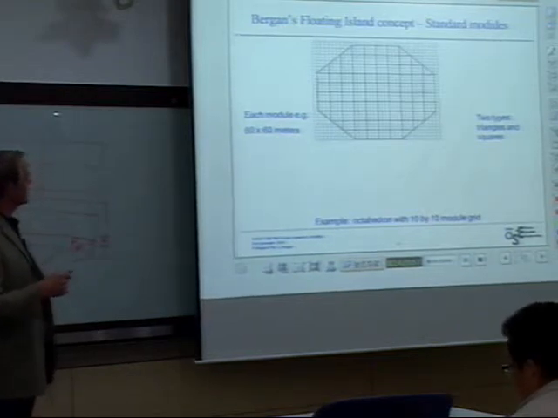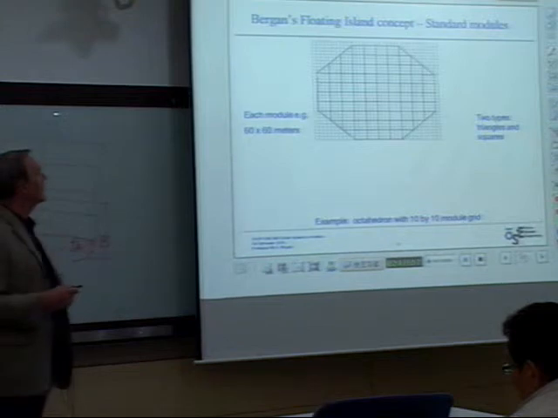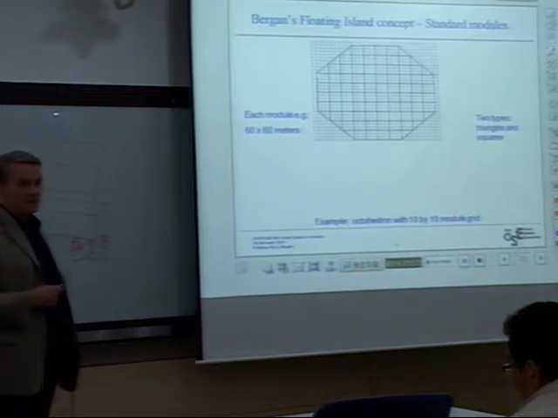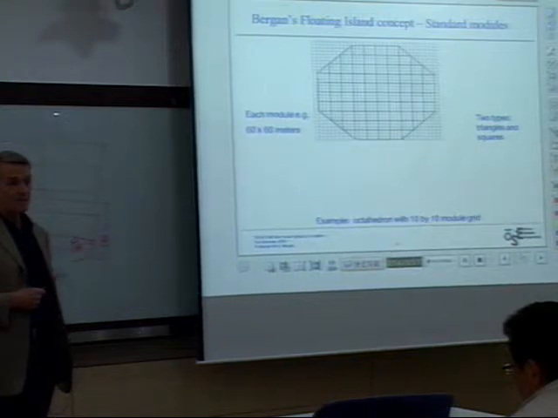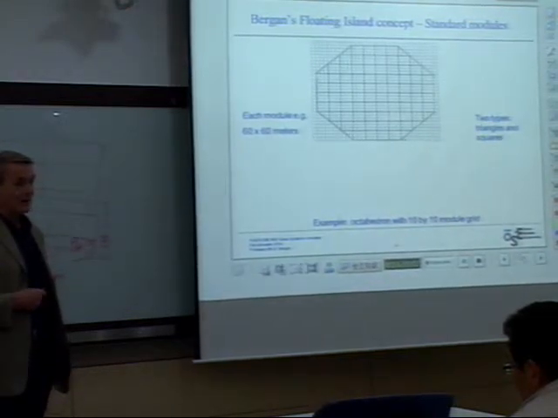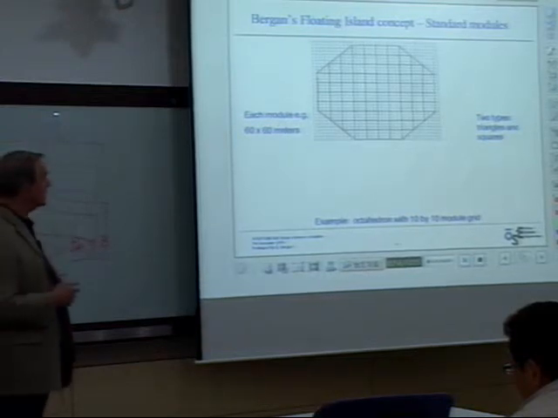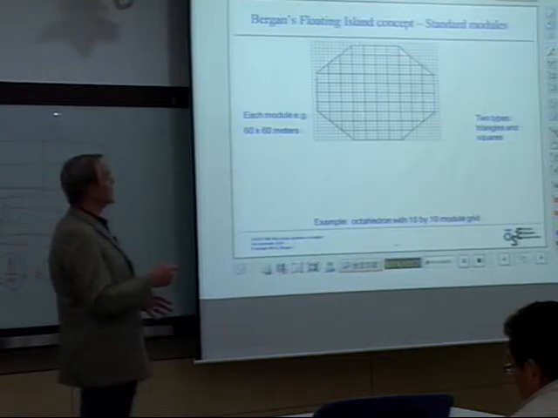So, for instance, one could build modules of, let's say, 60 by 60 meters, easily built in a dry dock, prefabricated, easy to handle, and one could build different shapes.